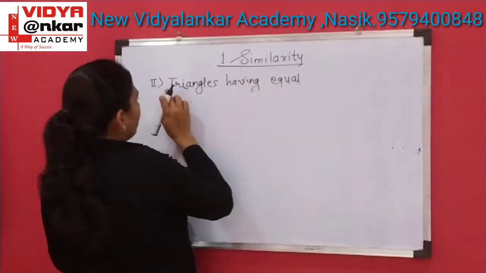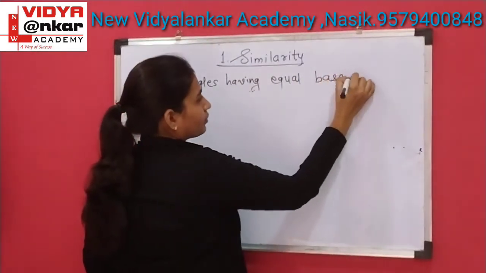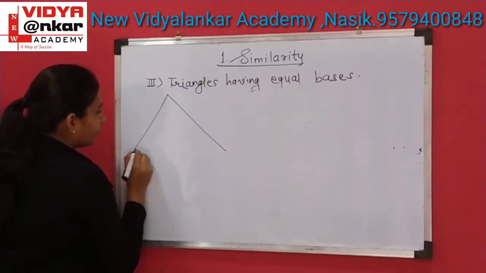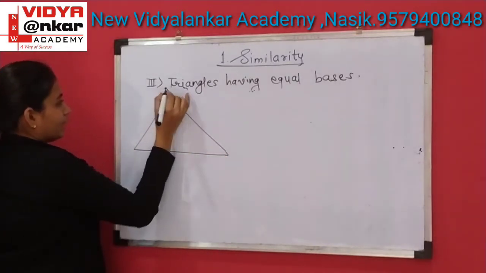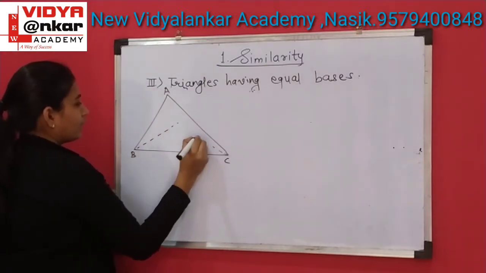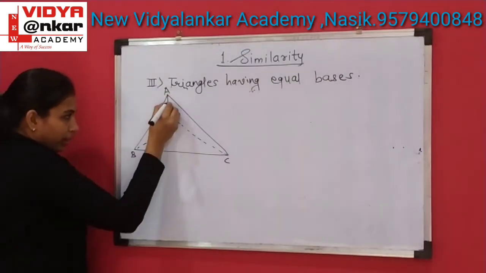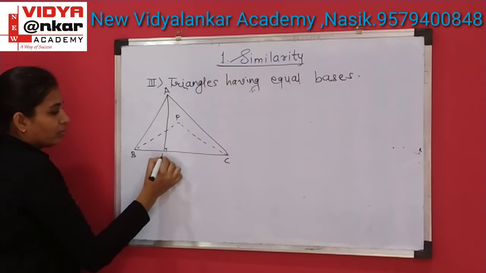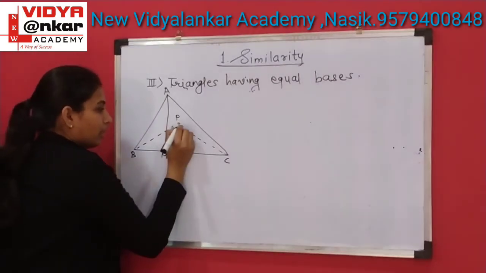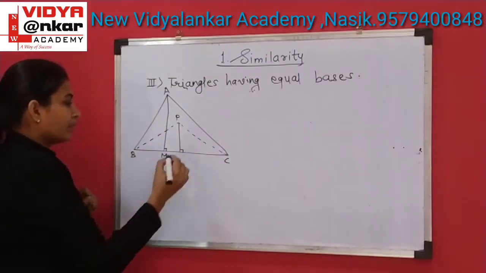That is, triangles having equal bases. Students, now I am drawing another triangle here, that is ABC, and one more triangle like this, PBC. Now I am drawing an altitude from vertex A to side BC and another altitude from vertex P to side BC.